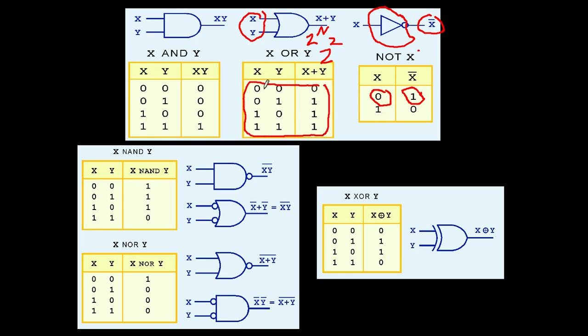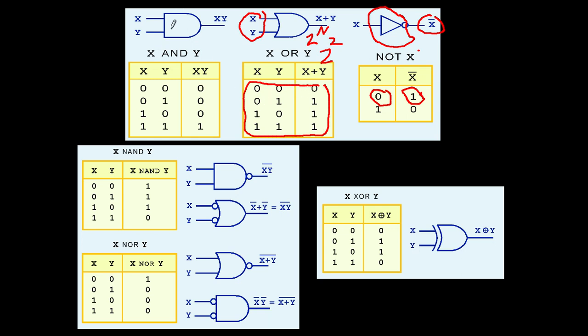I'll start with 0 0, which represents 0, 0 1, which represents 1, 1 0, which represents 2, and 1 1, which represents 3. So 0, 1, 2, and 3. This is the best way to do it. So 0 or 0 is 0, 0 or 1 is 1, 1 or 0 is 1, 1 or 1 is 1. Think of it as a sum.